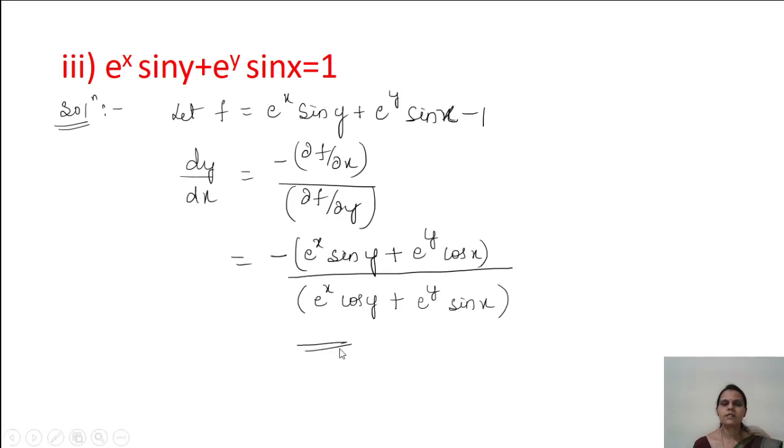This is the differentiation of the given implicit function.